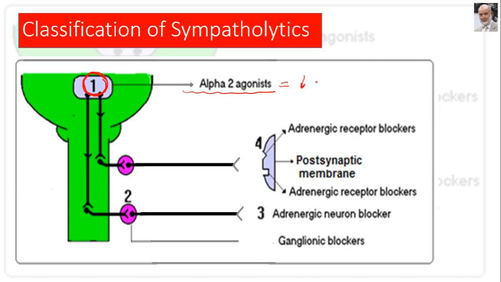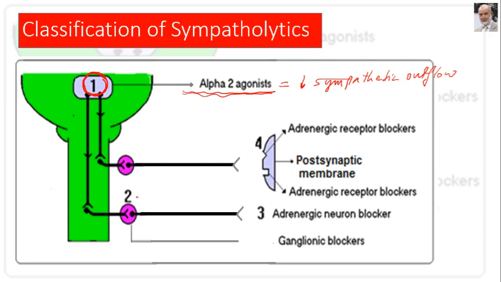They inhibit sympathetic outflow centrally, as you will see in a few minutes. So the first group are alpha-2 agonists, which we talked about before. These drugs inhibit sympathetic outflow centrally from the medulla. This is the first group.